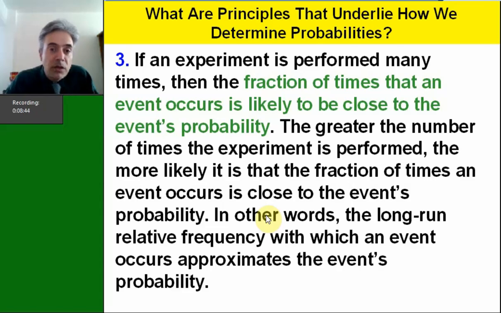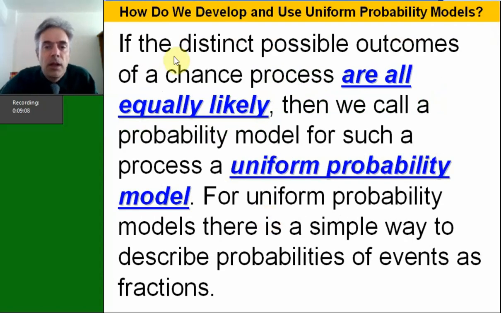But the more you toss the coin, maybe 100 times, 1,000 times, the closer you're going to get to the ideal, which is 50-50%, right? So the more you toss the coin, the closer you get to that ideal. This is what it means. This is the third principle here. Okay, these are the three principles. We're going to be using them in exercises and examples, so you're going to understand them better. So don't worry too much about it.